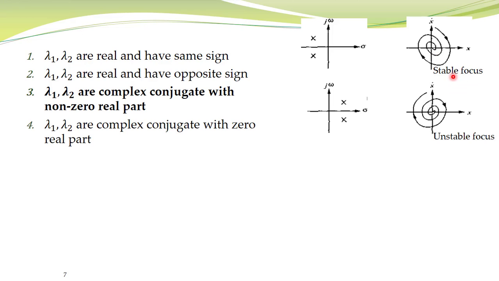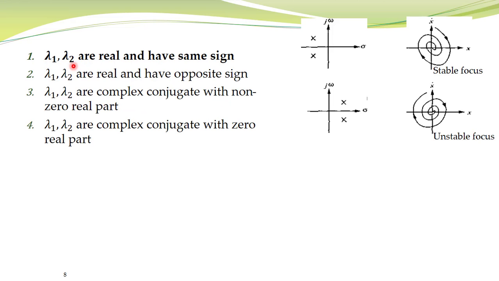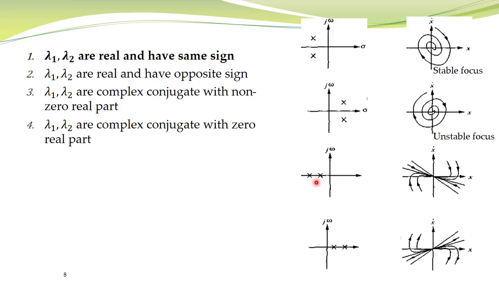There are two possibilities. You can have stable focus, you can have unstable focus. So this is a phase portrait corresponding to this possibility. Let's talk about these possibilities. Lambda 1 and lambda 2 are real and have the same sign. So for same sign, what is qualitative behavior corresponding to this situation? Overdamped. So in that case, what is plot between x and x dot?